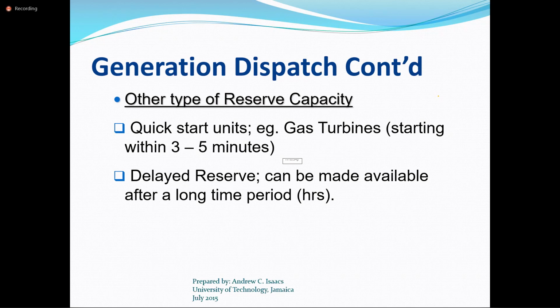You may have 18, 20 megawatts of solar, and in a couple of seconds, it is down to 5 megawatts, because you have a nice big fluffy cloud that covers the plant.